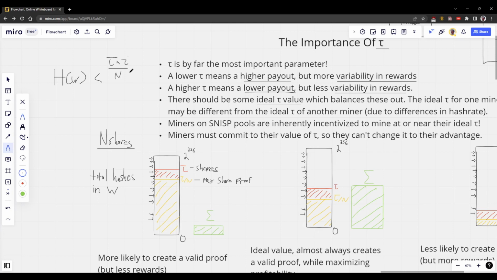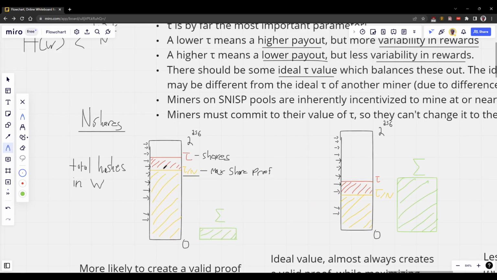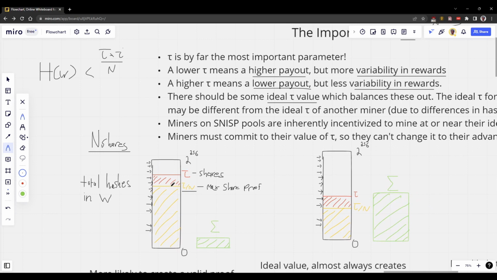And because for a SNISP to be considered valid, it needs exactly I shares inside of it, what TAW divided by n represents is the threshold at which you only need one share below in order to create a valid SNISP. So really, you only need one share below this yellow line to create a valid SNISP. Now you could have no shares below it and still create a valid SNISP, but this is the limit at which exactly one share is needed, or rather one super share, because it is exceedingly below TAW.